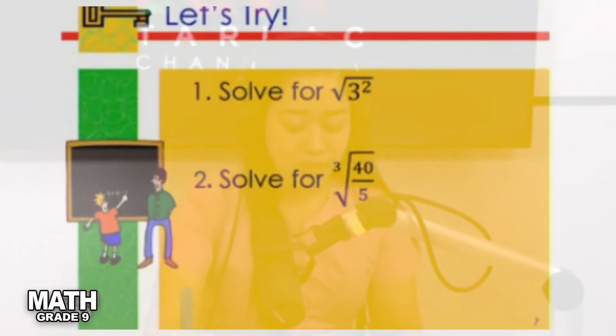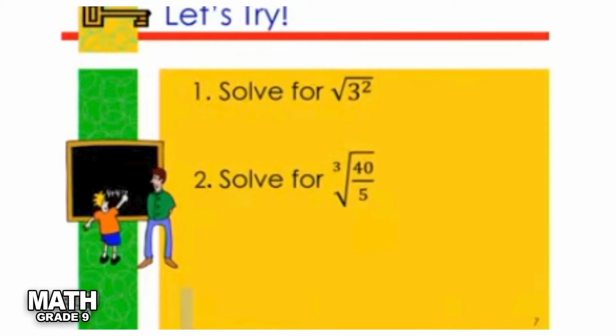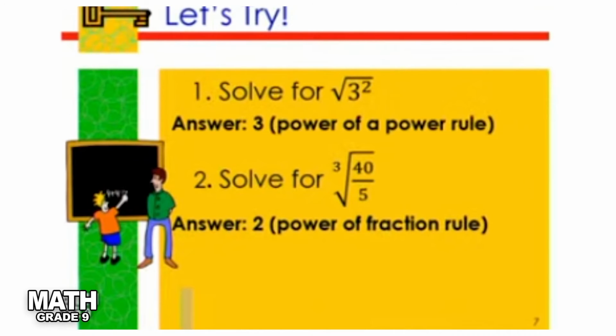Let's have another item. Solve for the cube root of 40 over 5. What is your answer? The correct answer is 2. Simplifying 40 over 5 will give us 8.